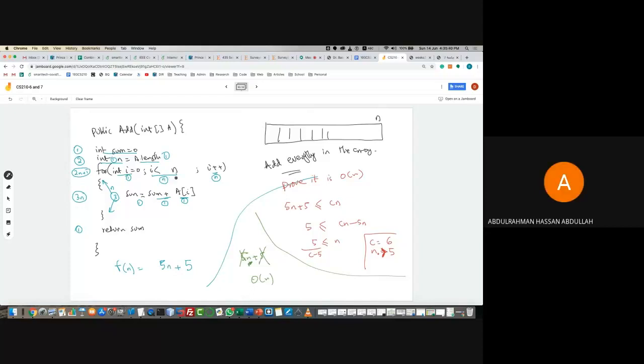Okay. I get it. In any case, plus 1, minus 1 doesn't make a big difference, especially when n is very large. And remember, we're setting big O of n, which is always looking at a very large value of n. We're assuming worst case, n could be very large, something close to infinity. Yes.